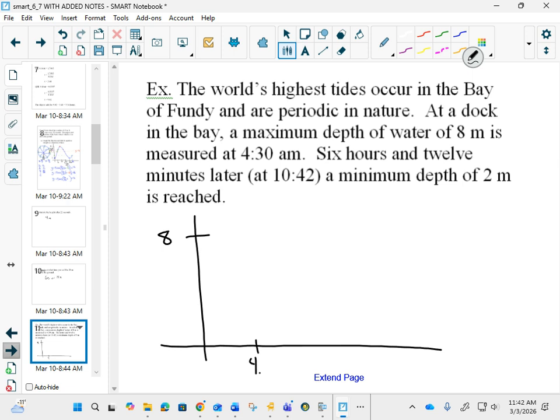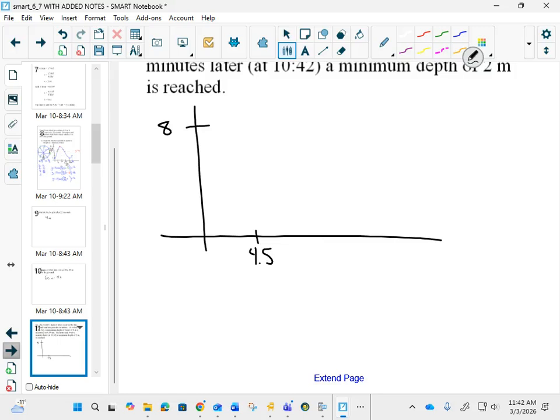How would you write 4:30 if you wanted to do decimals along the bottom? 4.5. Because it's half an hour, right? So if we're measuring time here in hours, and this is our depth in meters, 4:30 would be 4.5. And I can add that dot, that's a maximum.